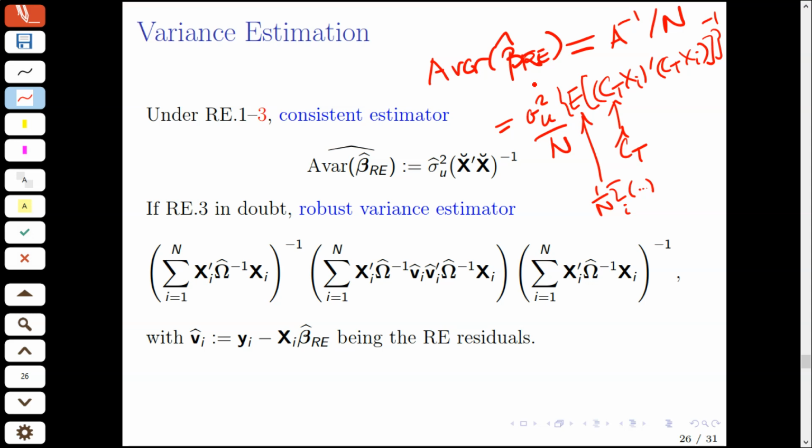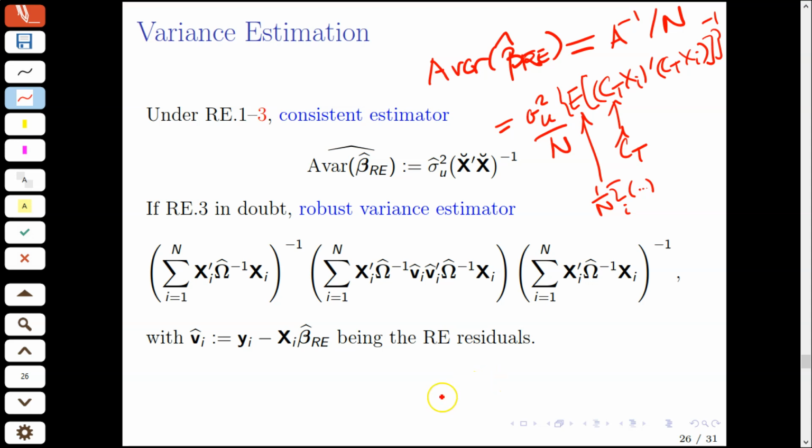Hence, if the third random effects assumption is in doubt, then we should proceed with a robust type of variance estimator. And the displayed expression here does exactly that.